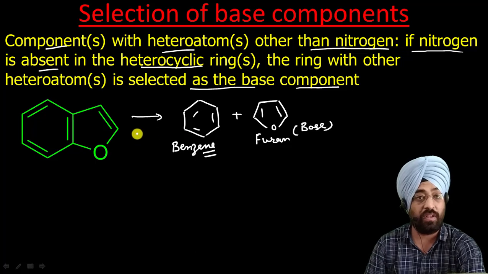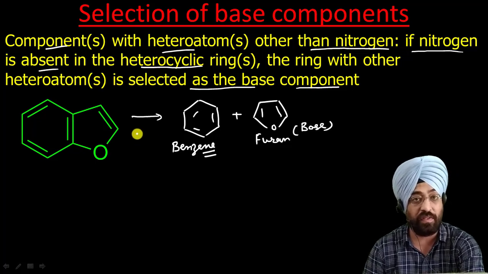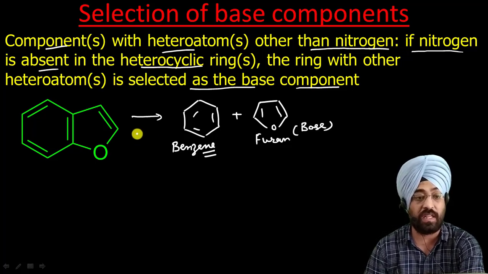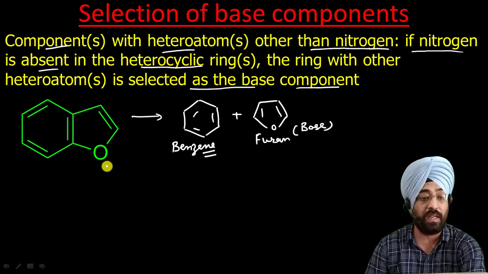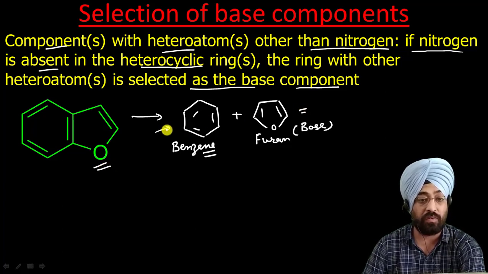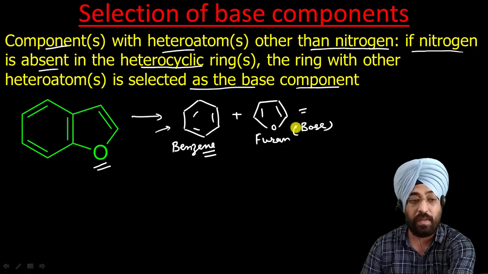If we do not have any nitrogen, the first rule says choose the system which contains nitrogen as your base component, but if it does not contain nitrogen, the rule is very simple: choose the heterocycle as the base component. Here it contains a heteroatom, so it is a heterocyclic system, while the other is a normal carbocyclic ring, so we choose this furan as the base component.